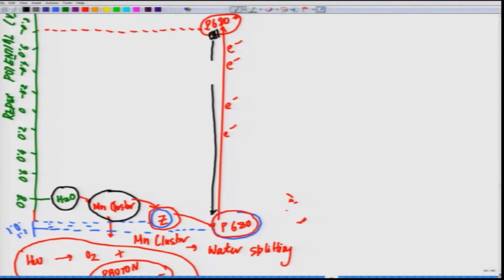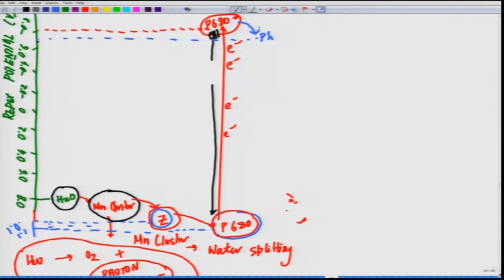The electron which is ejected out now transfers to the first donor in the field, which is called pheophytin, pH. The electron hops like this.